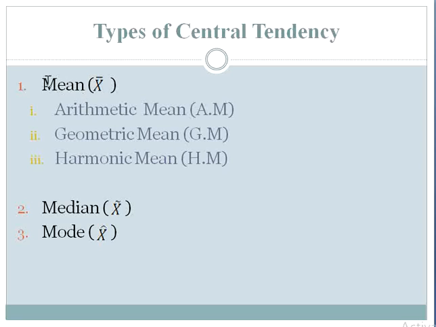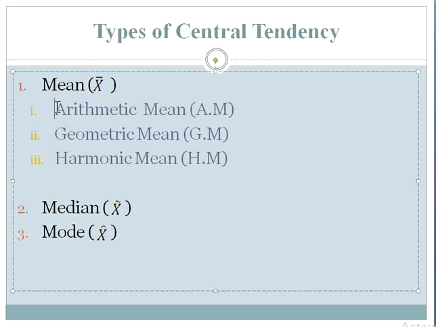If I talk about mean, there are three further subtypes of mean. X bar, which is the arithmetic mean, represented by A.M. The geometric mean, which is the second type of mean, and the harmonic mean, which is the third type of mean.